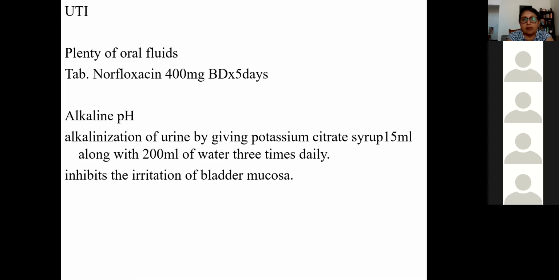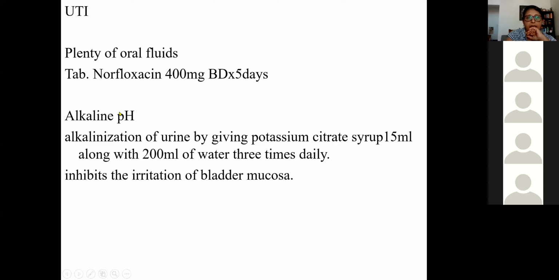So he will be cured of his urinary tract infection. In future, you will be seeing a lot of people with urinary tract infection, both male and female, but more in females. And this is the simple treatment.